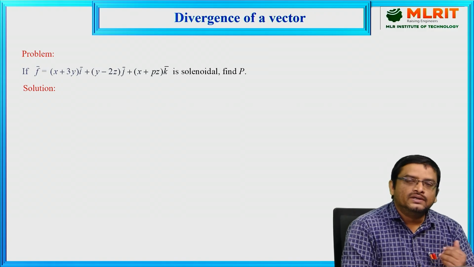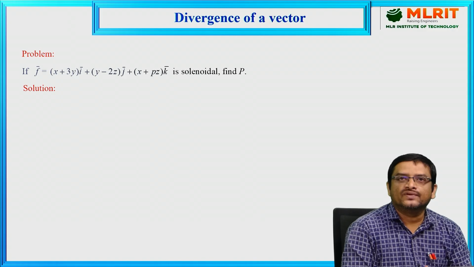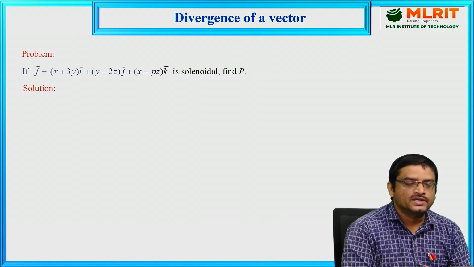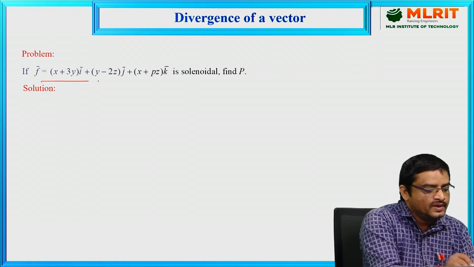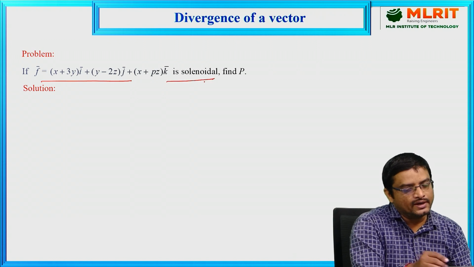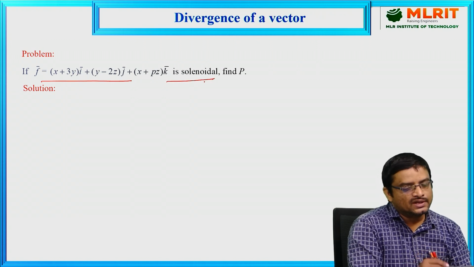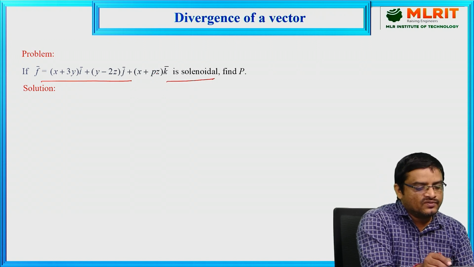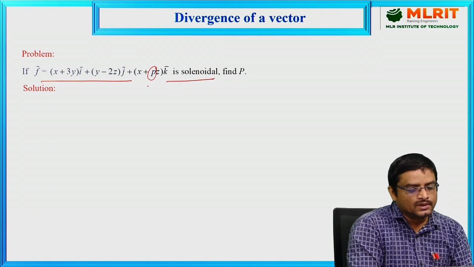Now we'll go for the second concept, that is a solenoidal vector. We have taken the definition: if div f bar is equal to 0, then we can say that vector is a solenoidal vector. Now he has already mentioned that whatever vector he has given is solenoidal. So by using this condition, we can find some unknown parameter p in this vector.